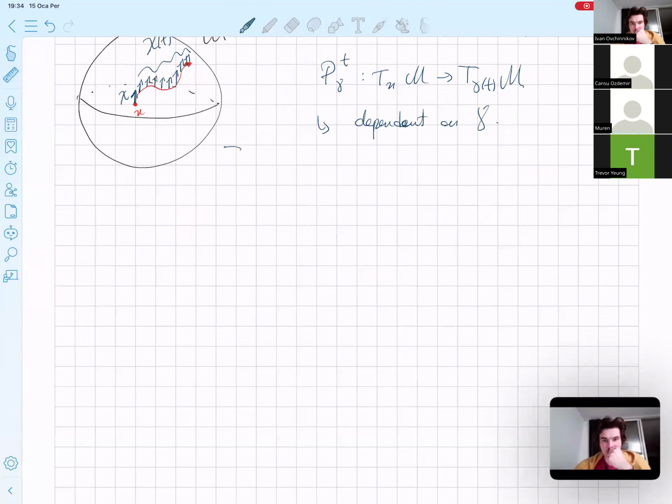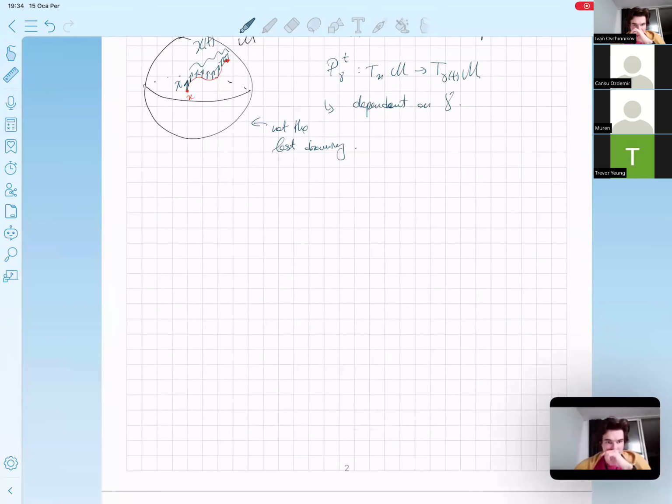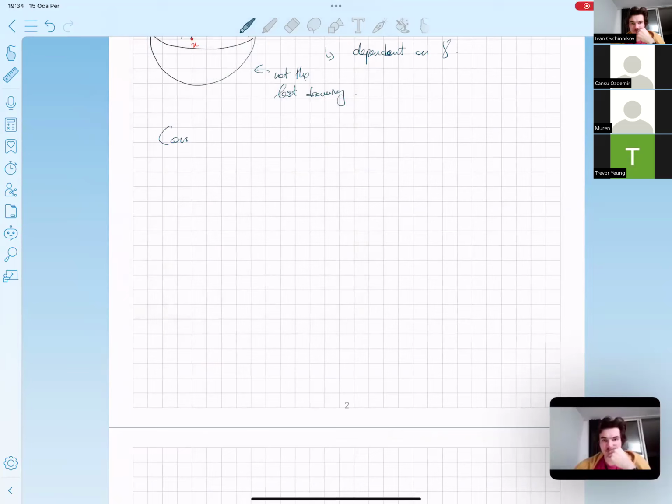Maybe this is not the best drawing. At first, I read this, I was like, nonsense. Because we're carrying it, it's parallel all the time, right? So that wouldn't make sense if these are actually dependent on gamma. But let me convince you of this.